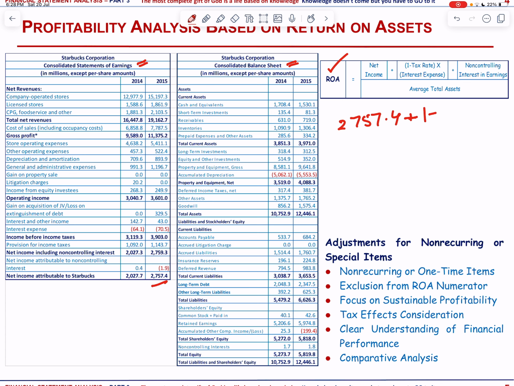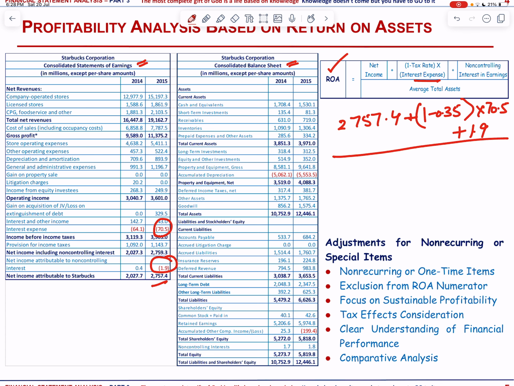Let us say that is 35%, so that is 0.35, times interest expense, and interest expense is 70.5, plus non-controlling interest, and that is 1.9, divided by the average total assets.